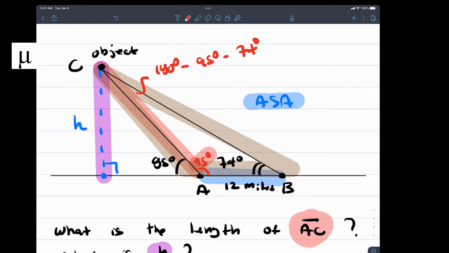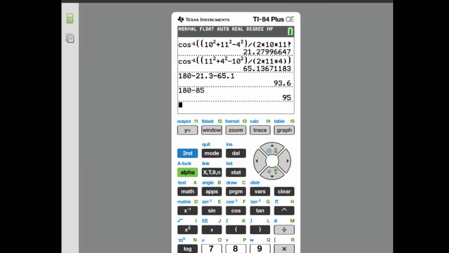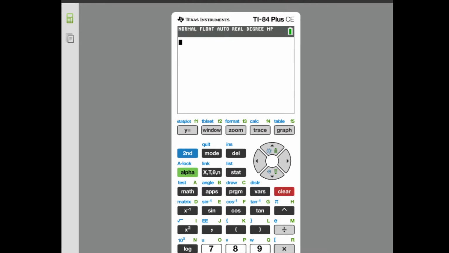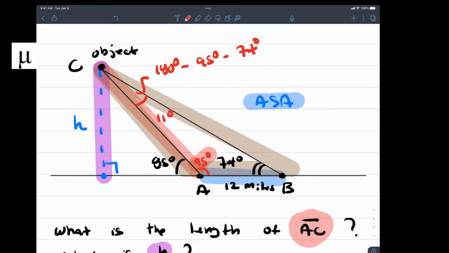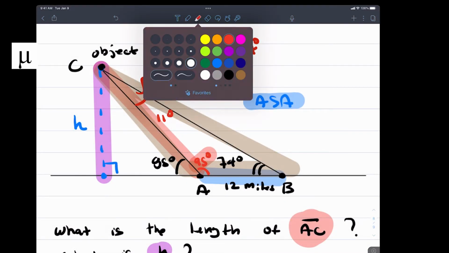We're going to get this angle right up in here. So what angle is this going to be? Is that 11 degrees? So this is 11 degrees now. If I go back, we just found that missing angle.